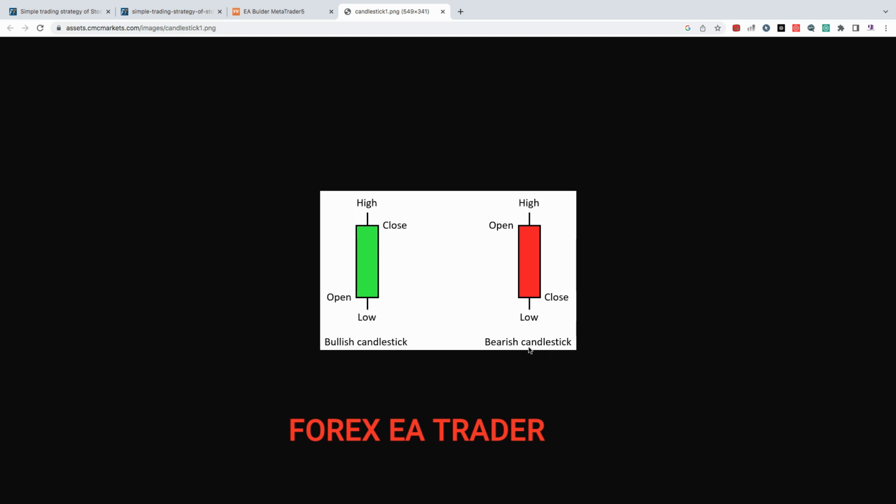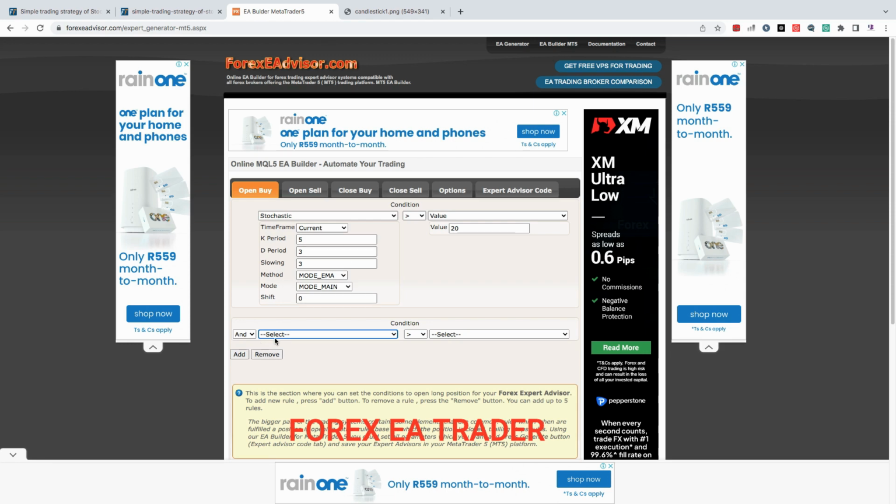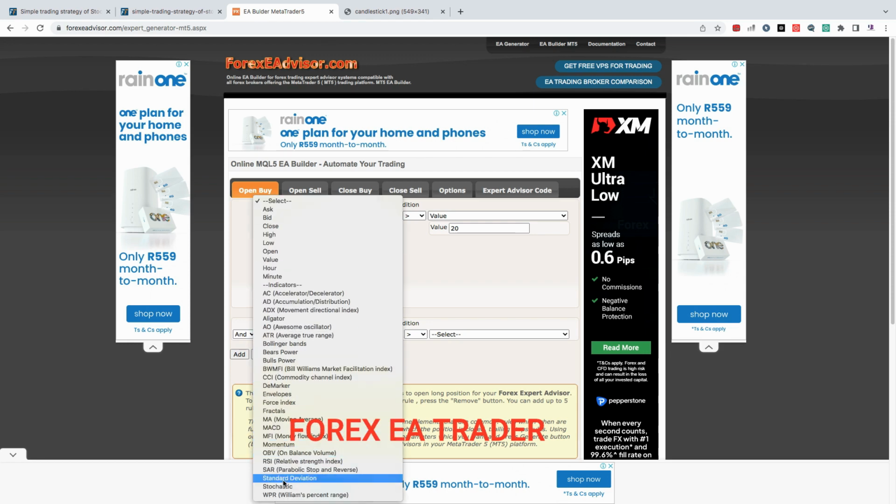What we know about bearish candles is that the opening price is always above the closing price. That tells us without looking that that's a bearish candle. So we are just going to use that information here because we don't have the option of candles here.